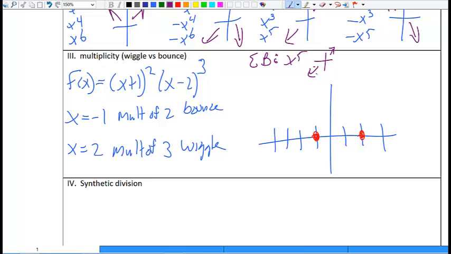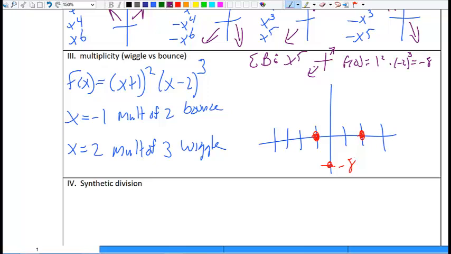The other thing to notice is if I find f of 0, which tells me the y-intercept, it would be 1 squared times -2 cubed, which gives me -8. So I can put a third point in the picture down here at -8, because I know it crosses there.